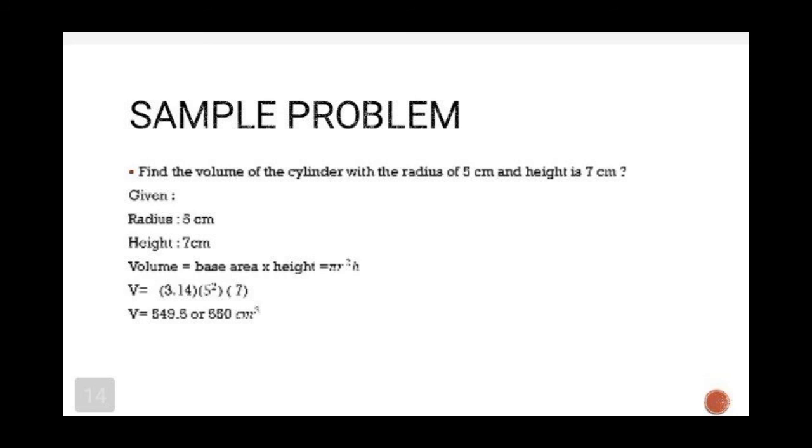We all know that the value of pi is 3.14. To get the volume of the cylinder, let's multiply the value of pi and the given radius and height. So V equals 3.14 times 5 square times 7, which is equal to 549.5 or 550 cm cube.